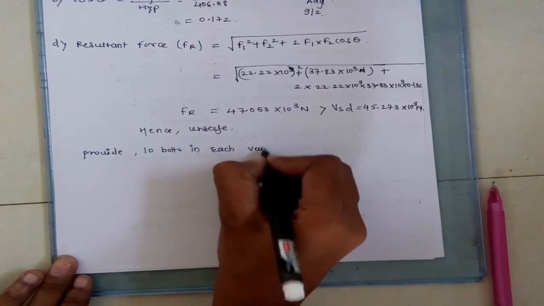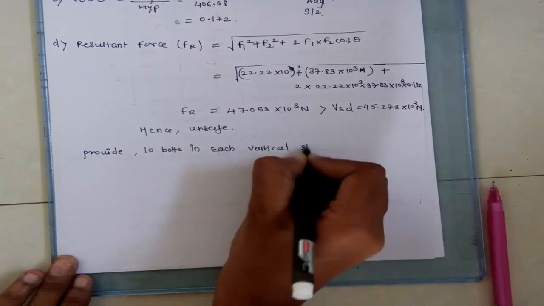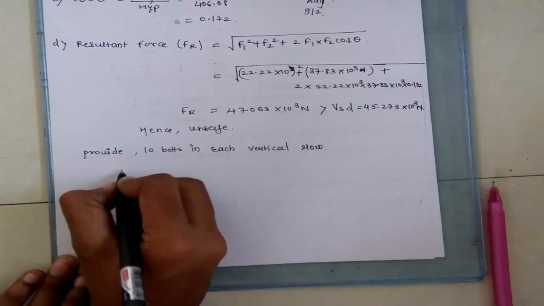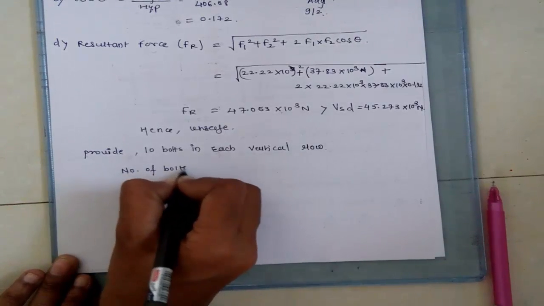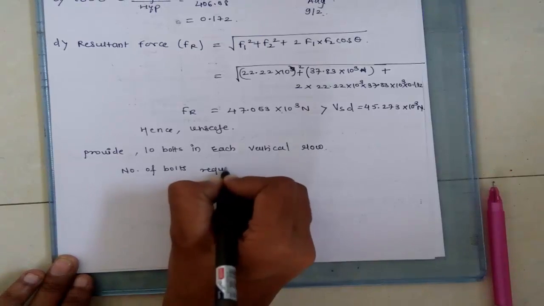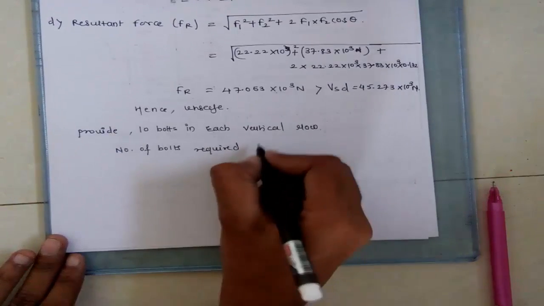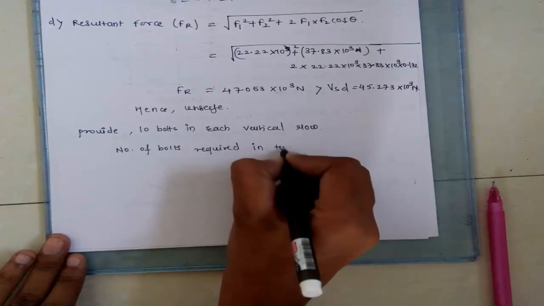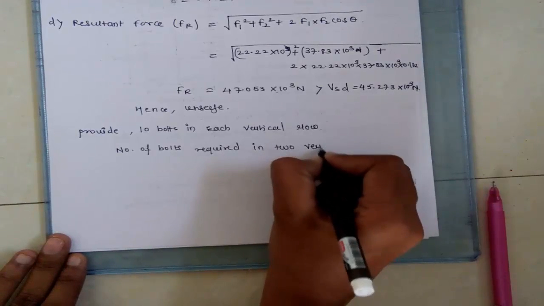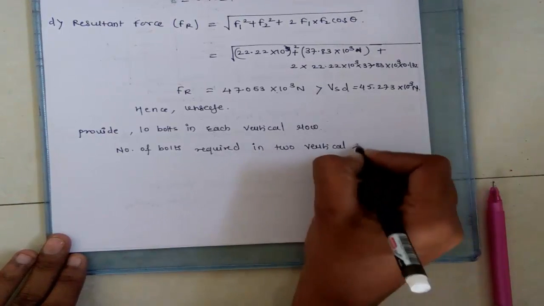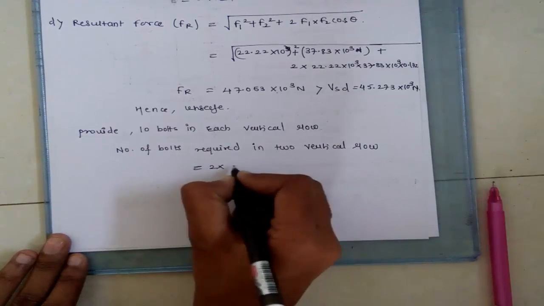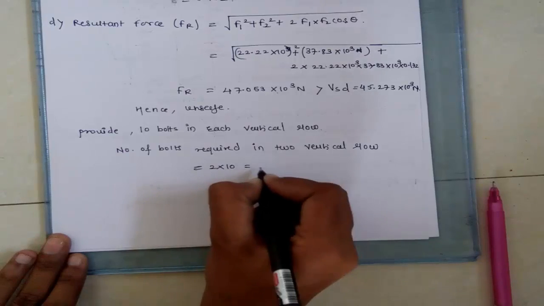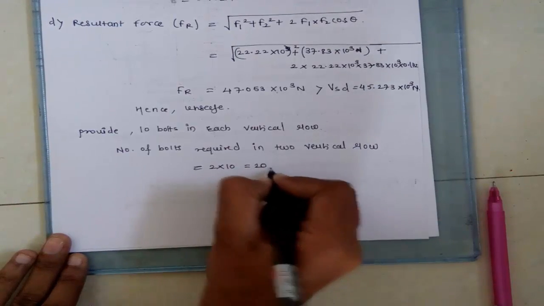So the number of bolts required in two vertical rows equals 2 into 10, so 20.